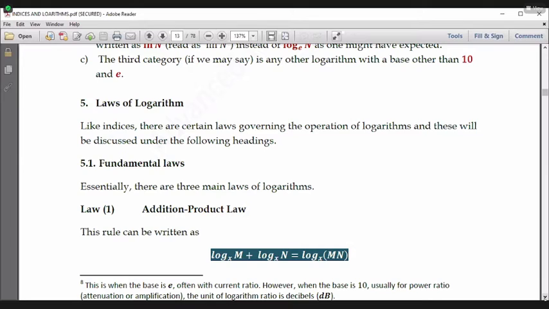So what does it mean? We are saying when you are adding logs of two different numbers of the same base, it is the same as the log of the product.